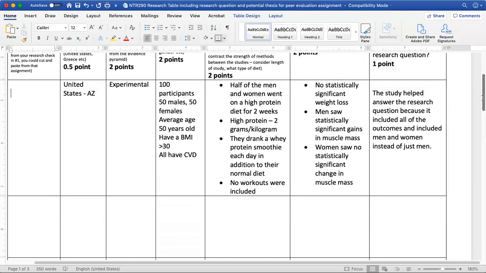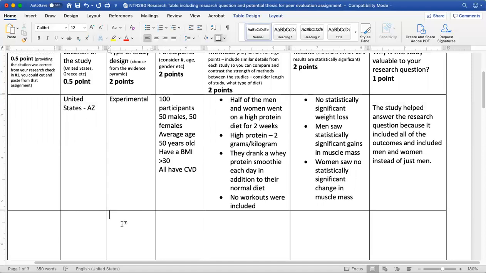So then once I have all my research, say like this next one was cross-sectional, it looked at 1,000 men. Average age of 30, BMI greater than 25.